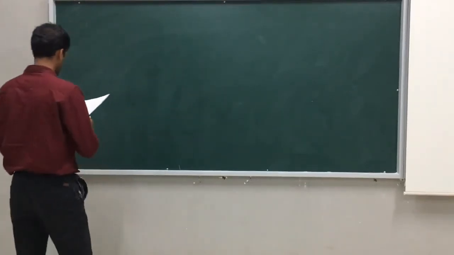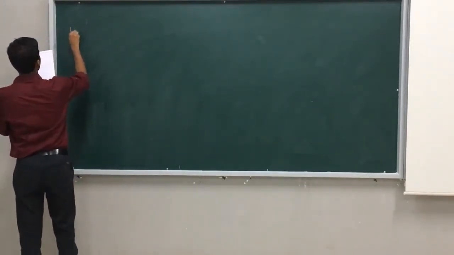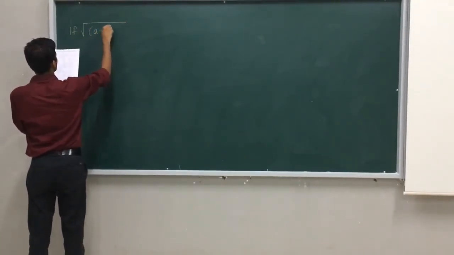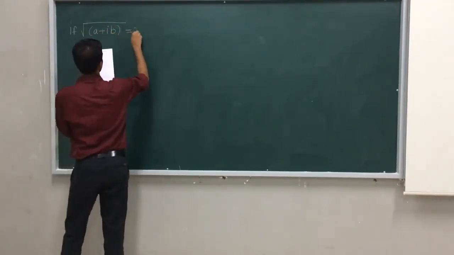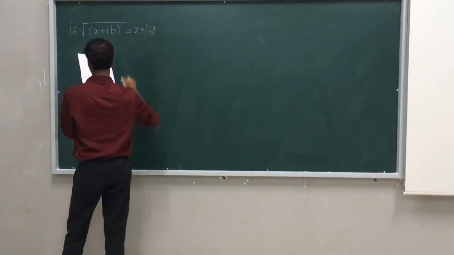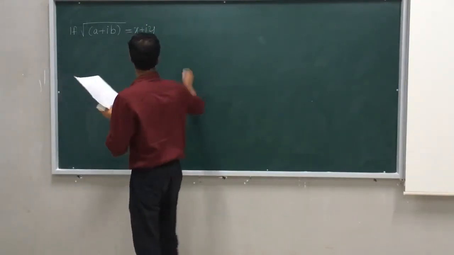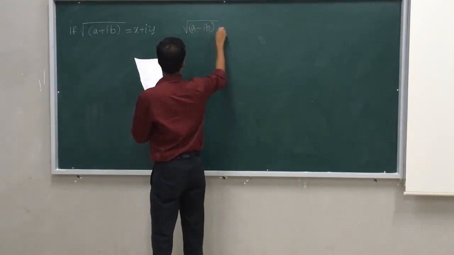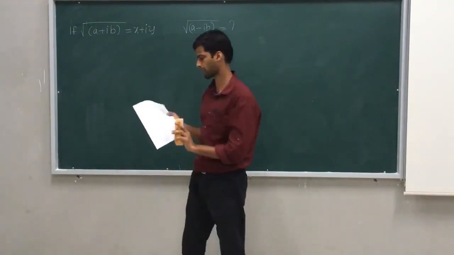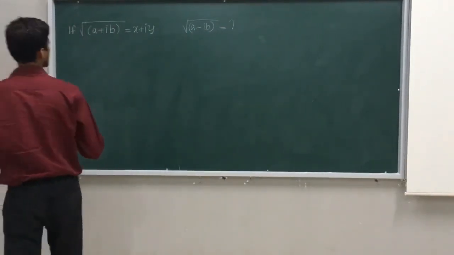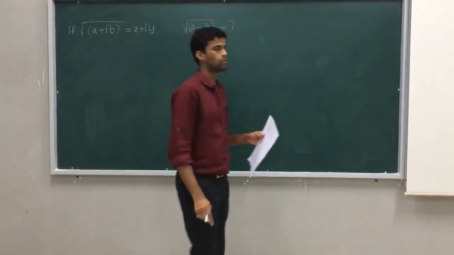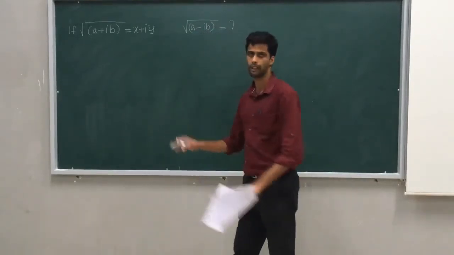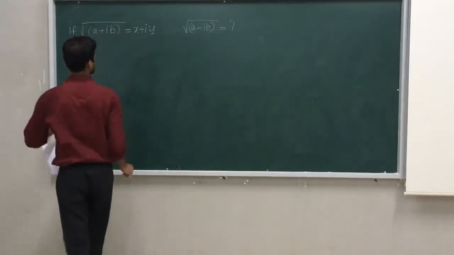If root of a plus ib is equal to x plus iy, then what is the possible value of root of a minus ib? What is given here is, if root of a plus ib is x plus iy, what is the answer? What if I square on both sides?